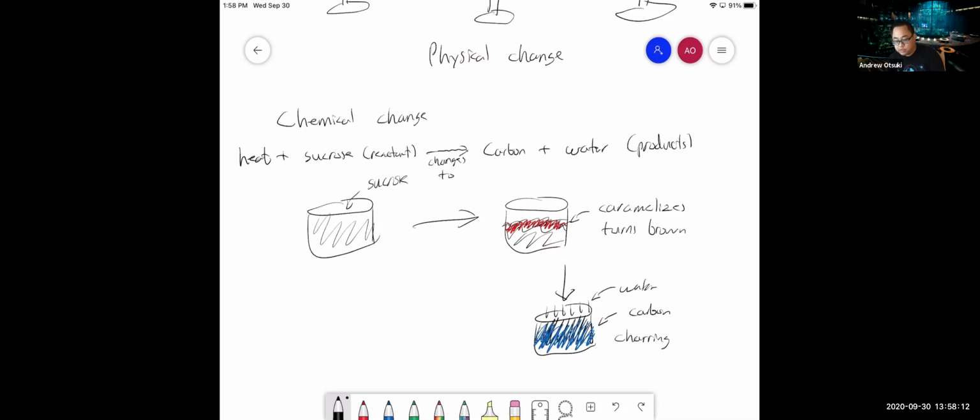You started with sugar, which looks pale white or a pale tan, and you get it slowly turning brown, and then eventually turns black, and this black guck is called charring or soot. We call it charring when it's pure carbon, and it usually has this black color to it.